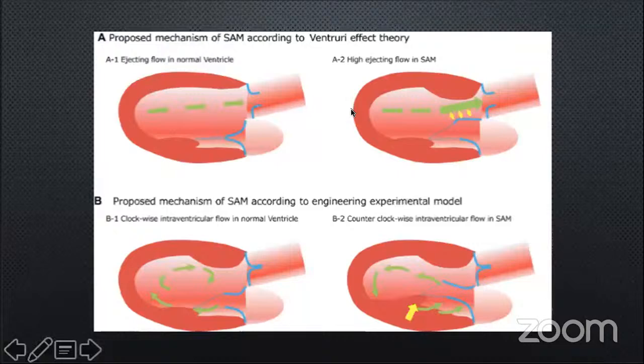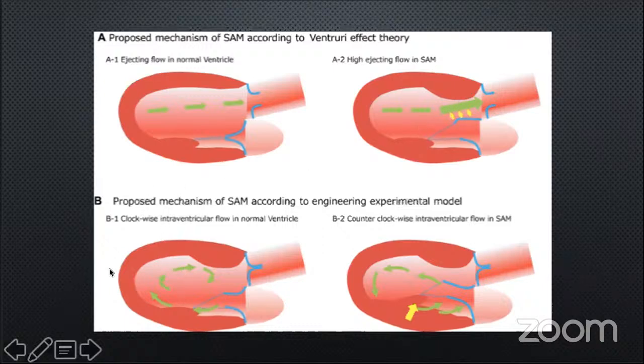And here we can see a high ejecting flow in SAM, where the stenotic area represents the Venturi effect, which can draw the anterior mitral leaflet towards the interventricular septum, causing a high gradient in the LVOT and might lead to obstruction.